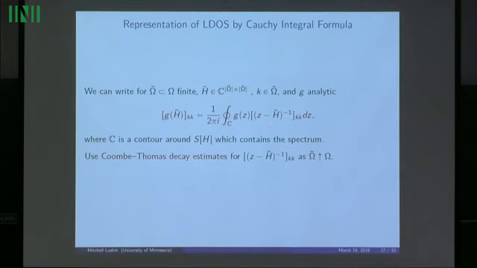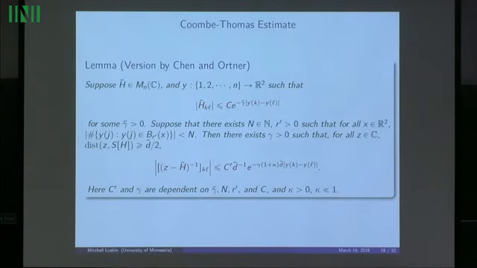Now there's a whole body of work called Combes-Thomas decay estimates. These estimates say that if H decays exponentially off the diagonal, then the off-diagonal elements of the resolvent also decay. The version I'm going to use we found in a paper by Chen and Ortner. Don't worry about the small print.